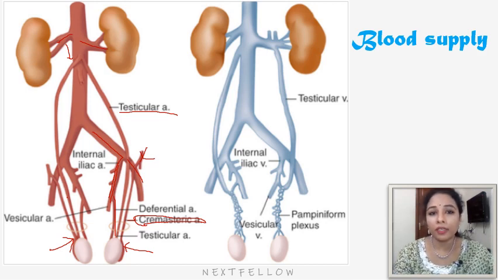Next, regarding the venous drainage, it is mainly by the pampiniform plexus. We can see the grapevine-like plexus. It appears like grapevines, so it is called pampiniform. The pampiniform plexus of spermatic veins is present on the surface of the epididymis and runs parallel to the spermatic arteries.